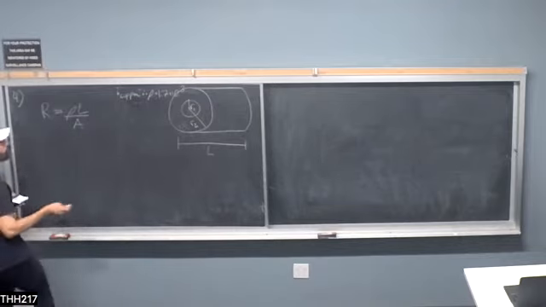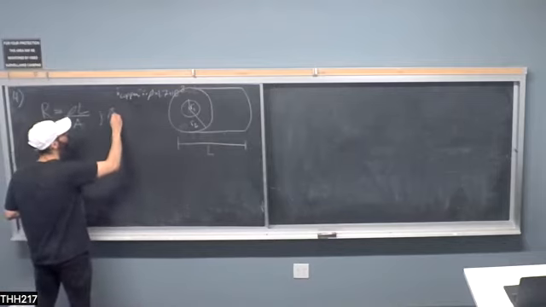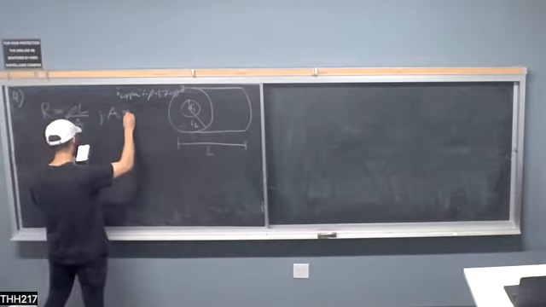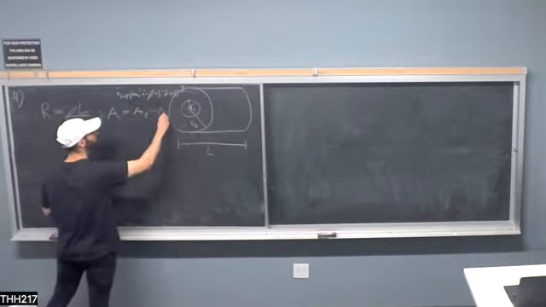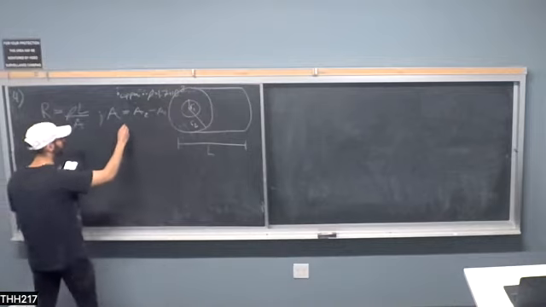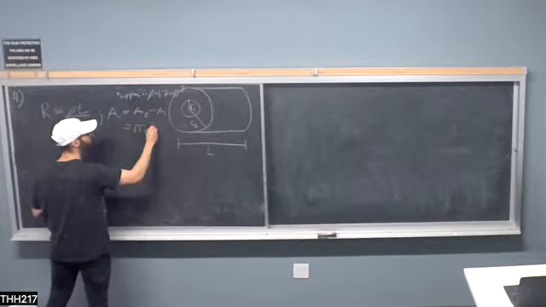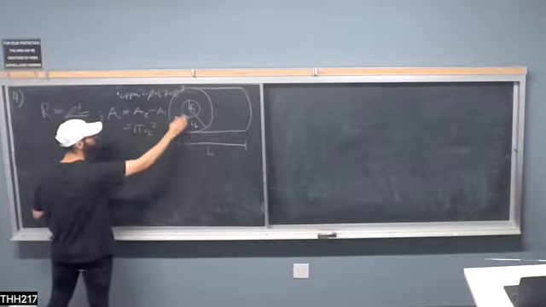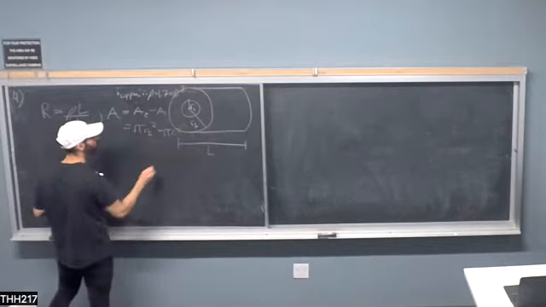So we need to subtract the area of the inner from the outer. So the true area is equal to A2, that's of the outer copper portion, minus A1, that's the hollow interior, right? And what's the area? Just pi R2 squared minus pi R1 squared.